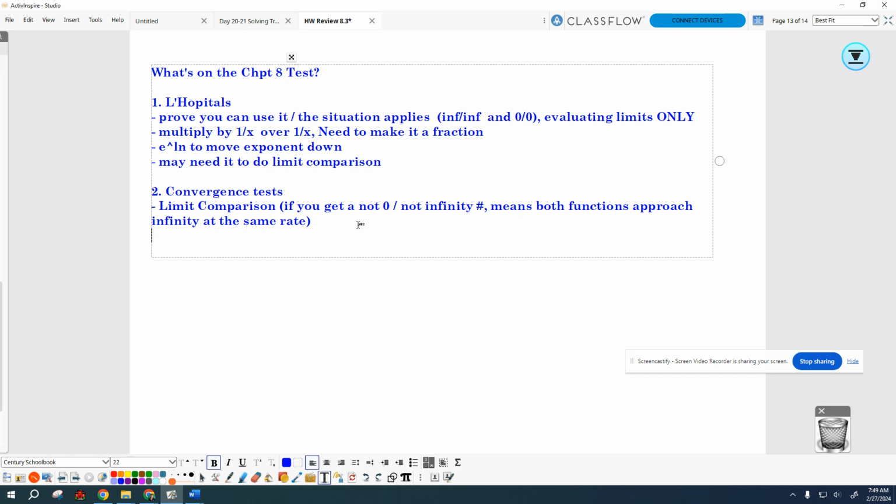What was another? P series. It'll converge if what? P is equal to 1, less than 1, greater than 1, less than or equal to, greater than or equal to.